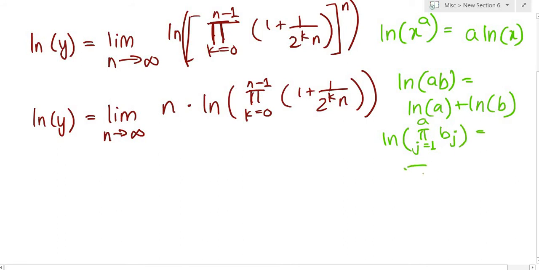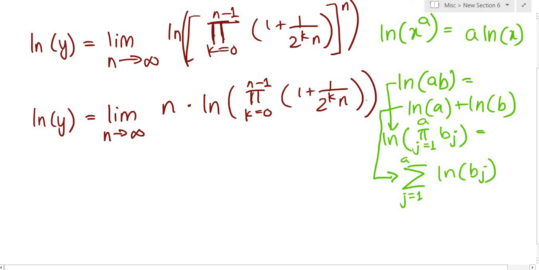You can decompose this into a sum that runs from j equals 1 to a of the natural log of b sub j, right? This is essentially the same logic that we are applying here. So instead of just writing a product of two terms, say we have a product of a terms, and a is like an arbitrary number. So you can split this into the sum of a logarithms.